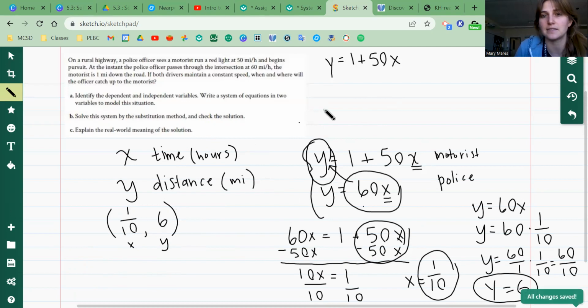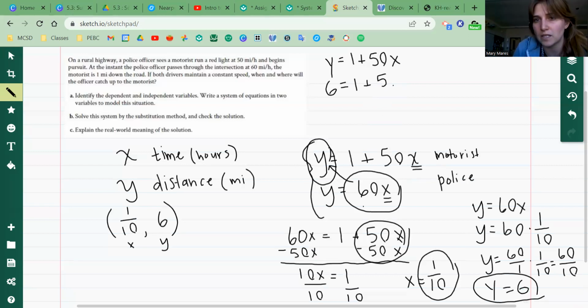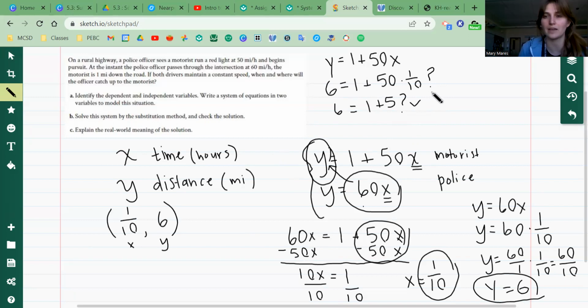So I plug in 6 for y, and then 1/10 for x. So 50 times 1/10. So 6, and I'm checking to see, is this true? Is 6 equal to 1 plus 5? Yes, it is. So that worked in this first equation.